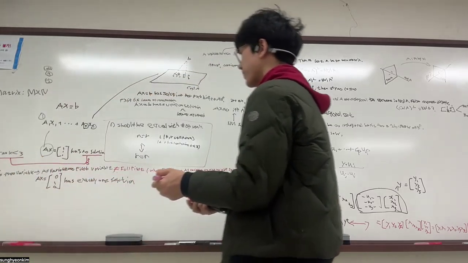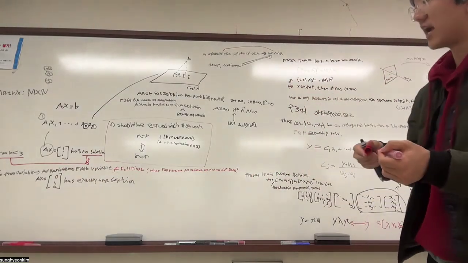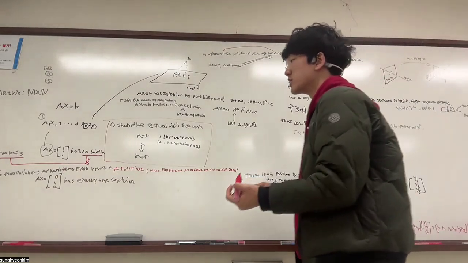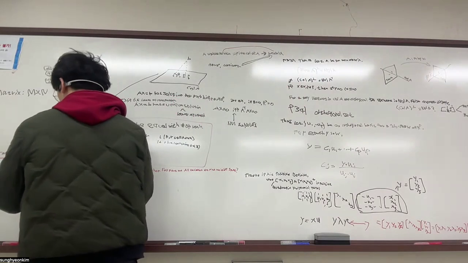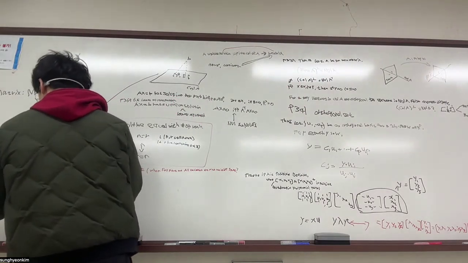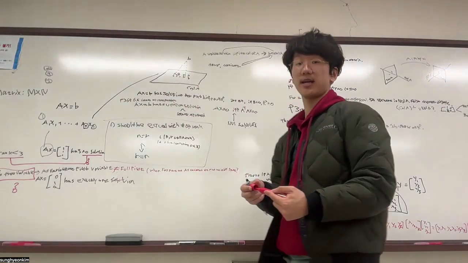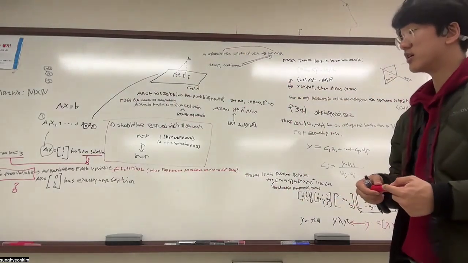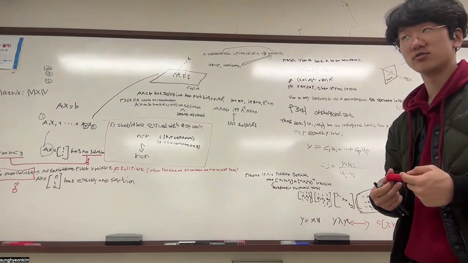Second thing is Ax equals b, where b is the vector (0, 1, 0), has exactly one solution, which means a unique solution. Unique solution always means no free variable. A free variable can't make a new solution.